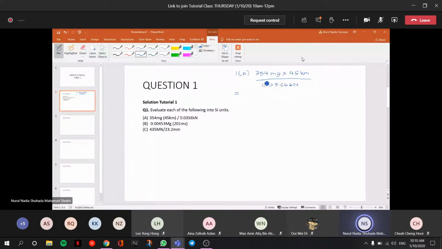So the prefix here, you guys have to change into SI units also. For example, for 1A, it should be 354 times, as you guys know, milli, if we change into numbers, it will be 10 to the power negative 3. So we replace that.